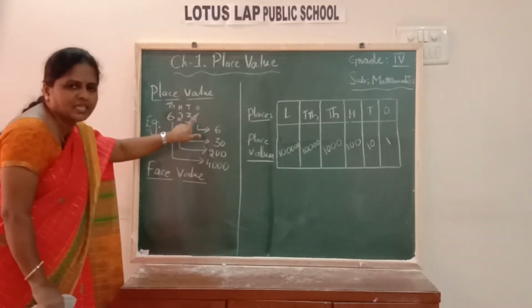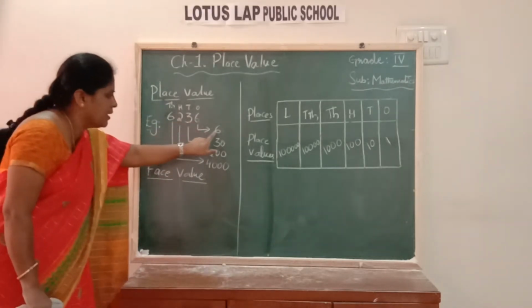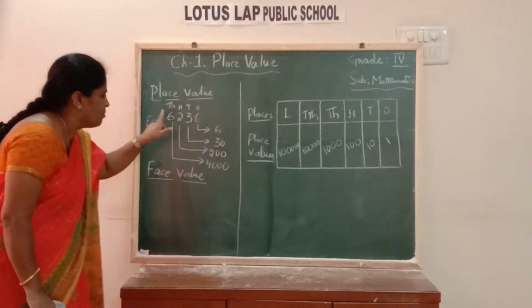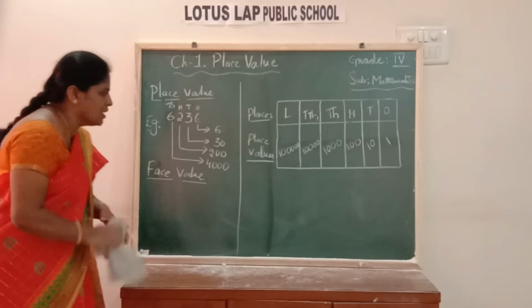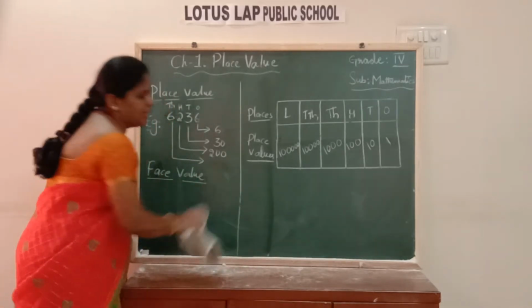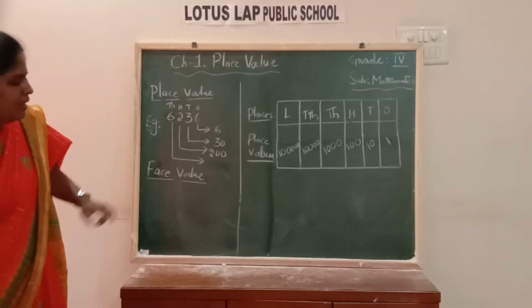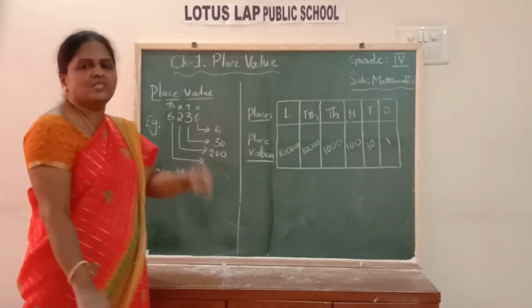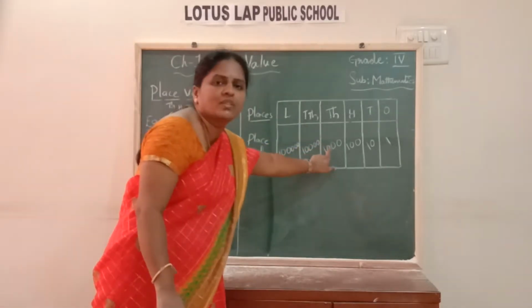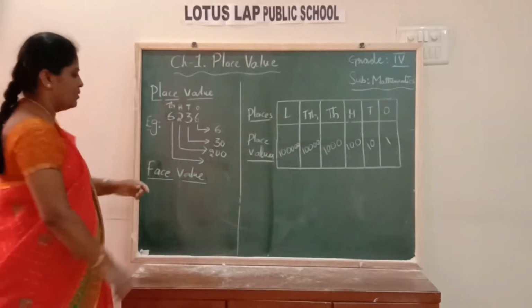Already I have one 6 in the ones place, whose place value I wrote as 6. Now coming to the 6 in the thousands place, what would be its place value? Not 6, children. Because this 6 is in thousands place, its place value will be 6 into 1000, which is 6000.